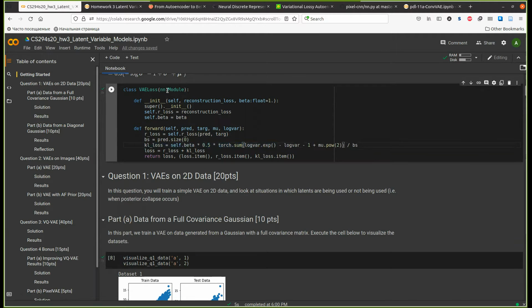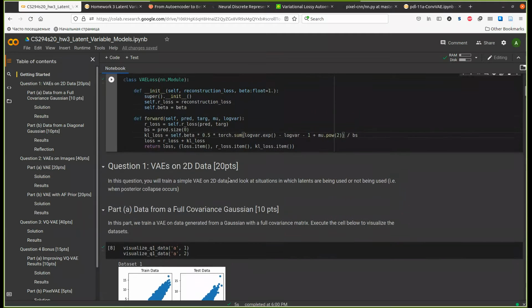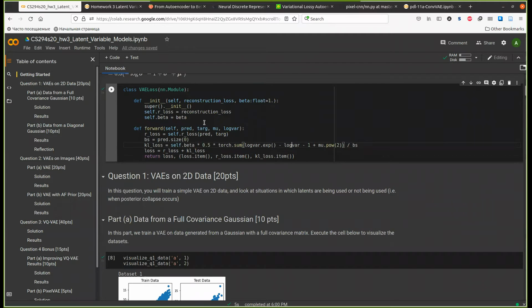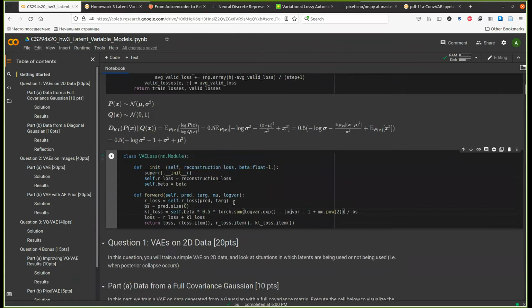So to compute the loss for the variational autoencoder, we need the predictions and targets. Those are the values we use for the reconstruction loss, and we add this KL divergence loss. For that we need the means and variances of the posterior distribution, outputted by the encoder in our case.